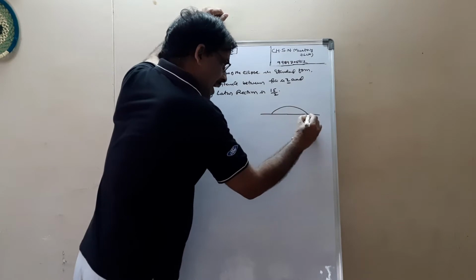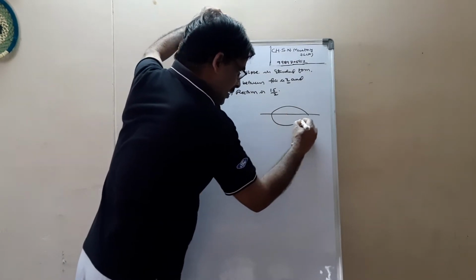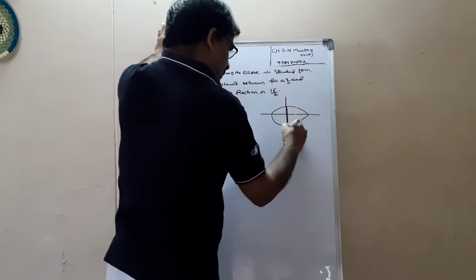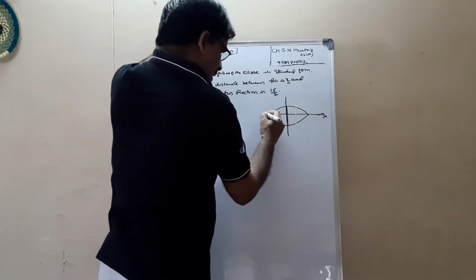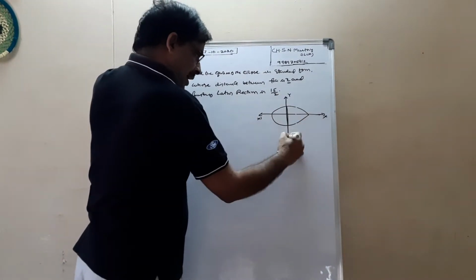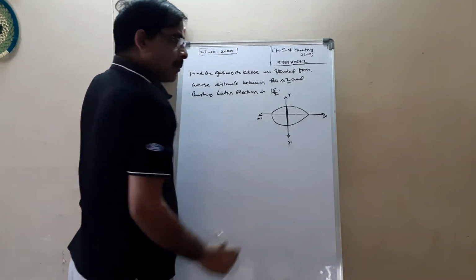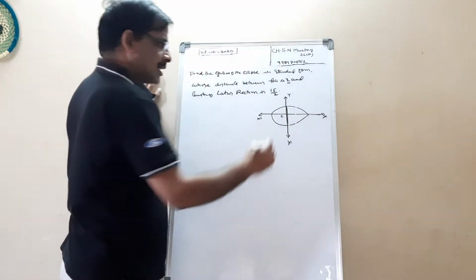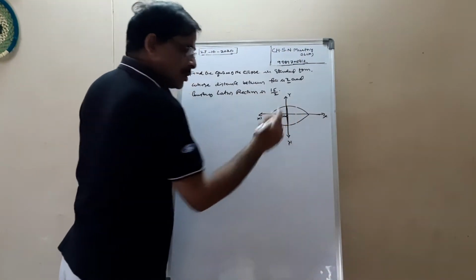Let this be our ellipse. This is our x dash x, that is the major axis here, and y dash y is the minor axis. These two intersect at the center, whose coordinates are 0, 0.